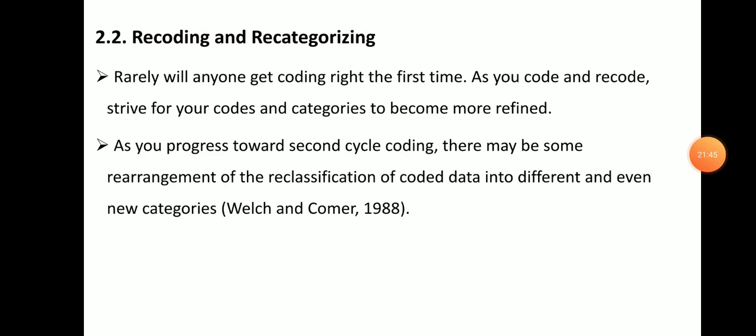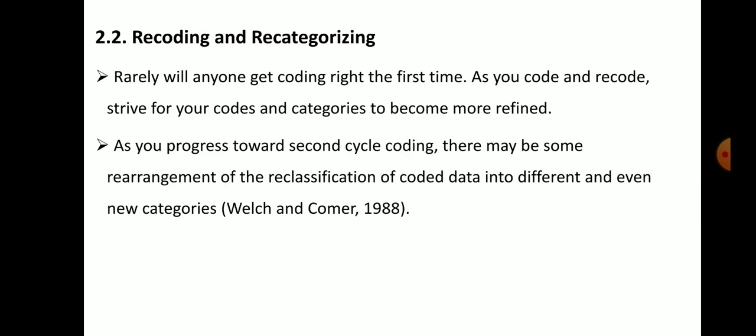So now we move on to talk about recoding and recategorizing. Rarely will anyone get coding right the very first time. As you code and recode, strive for your codes and categories to become more refined. As you progress towards second cycle coding, there may be some rearrangement of the classification of coded data into different and even new categories.